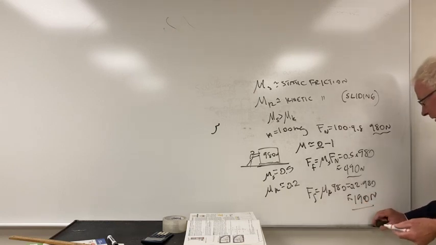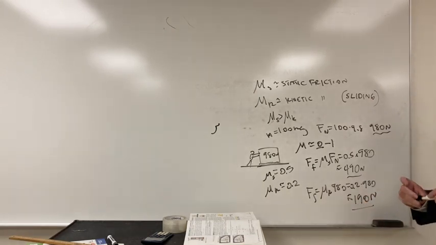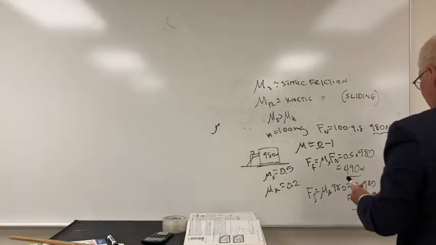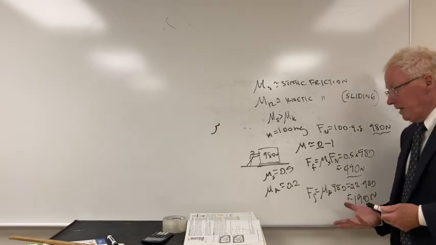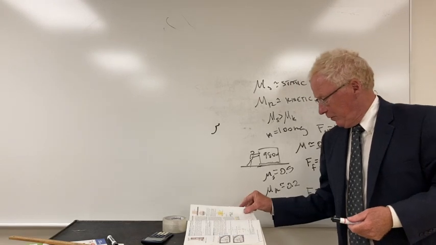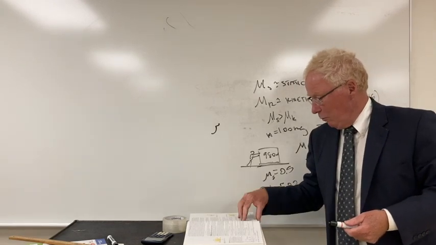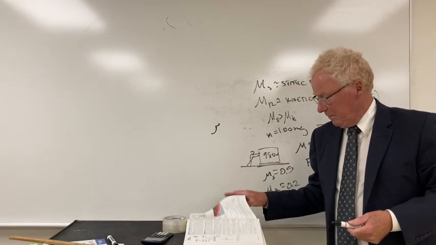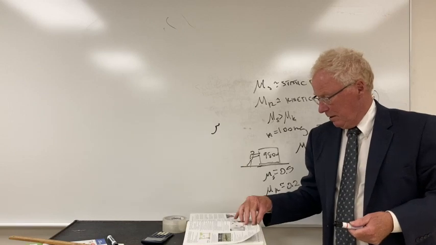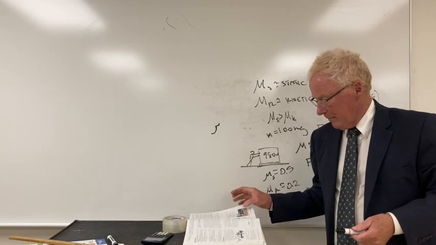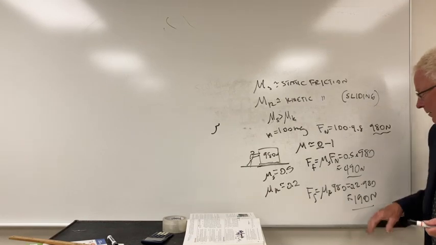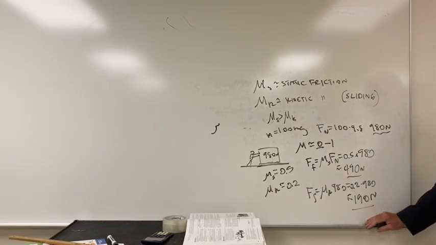So significantly less force to keep this thing going. So this is the concept of static and kinetic friction. And we'll get more into this later when we talk about problems related to rotation.